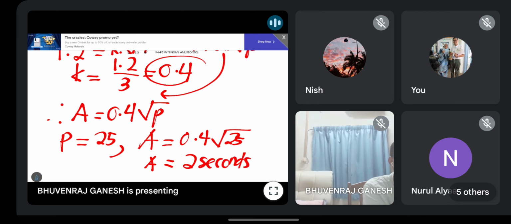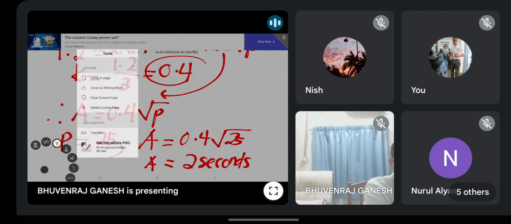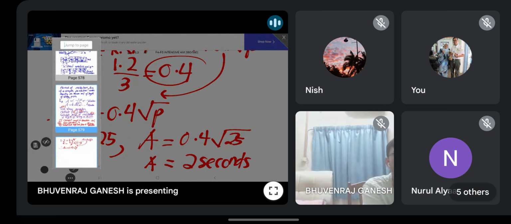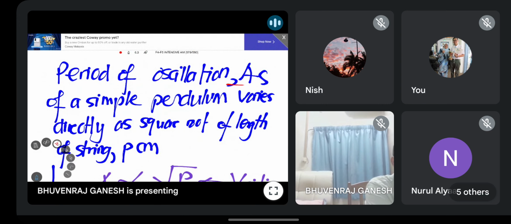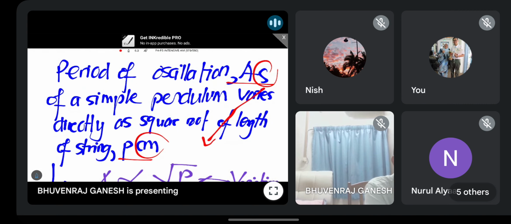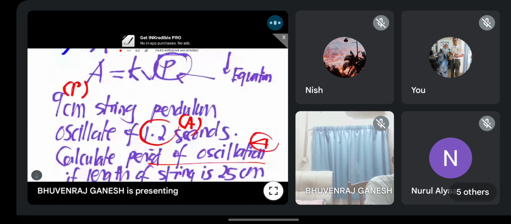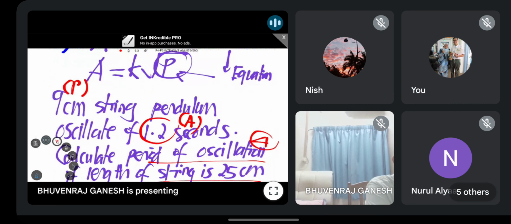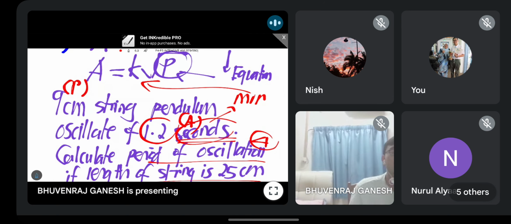Okay, and also be careful guys. Kalau bab-bab macam ni, mereka suka main unit. They like to play with the unit. Okay, you must see the unit soalan bagi kat kamu. Because they can suddenly change. Katakan tiba-tiba yang ni mereka bagi dalam soalan minit, tapi info ni mereka bagi dalam saat. So what you must do guys, you must convert saat kepada minit, baru kamu boleh guna persamaan ni.